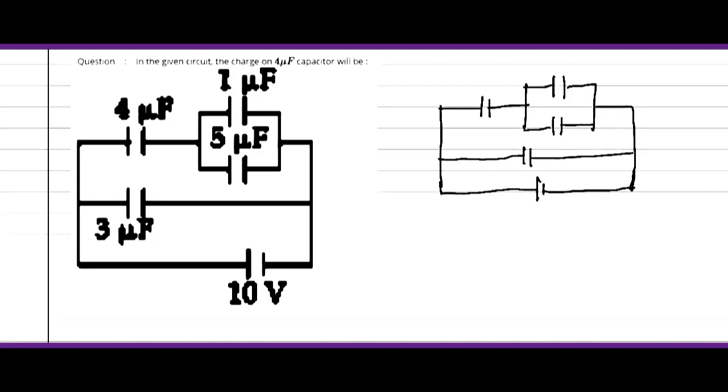Now, the capacitor values are: this is 4 µF, this is 1 µF, a 10 volt battery, 3 µF, and this is 5 µF. These are the capacitors connected.